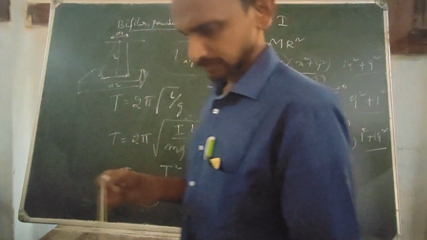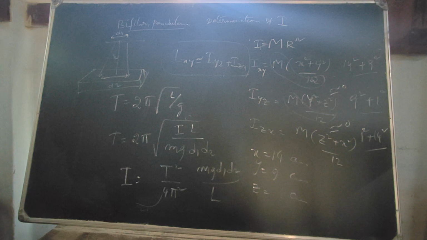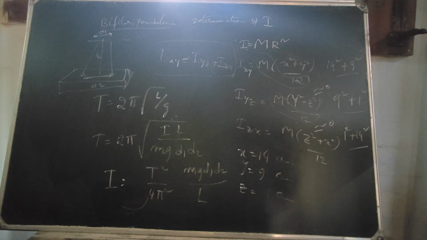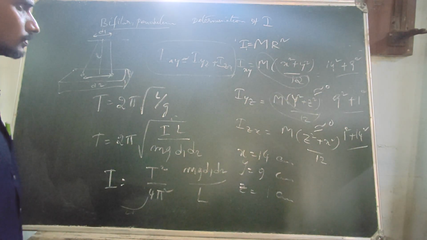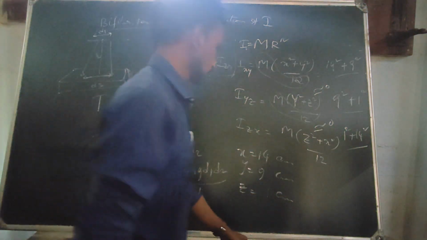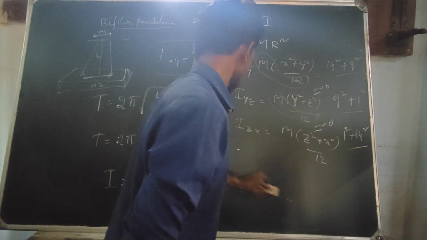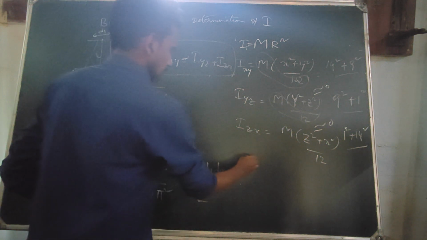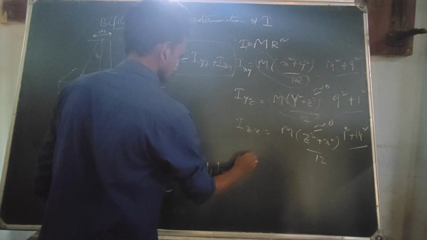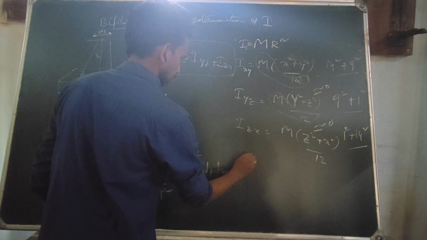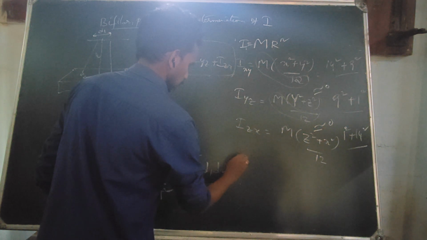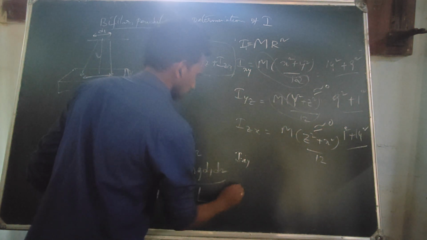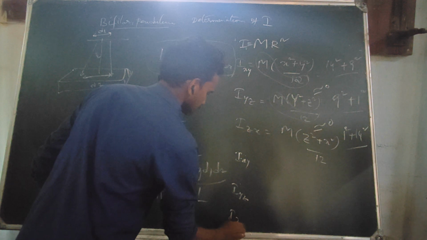Okay. So done. We'll see that experiment. So what is the table for this experiment? You have to write, for 3 cases, Ixy, Iyz and Izx.